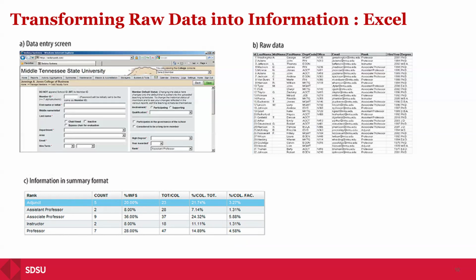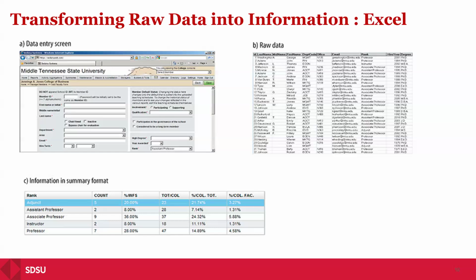So, for example, we know that we currently have 5 adjuncts, 2 assistant professors, associate professors, instructors, and professors. So now we know the percentage of each, because we summarized raw data into a combination of those groups.